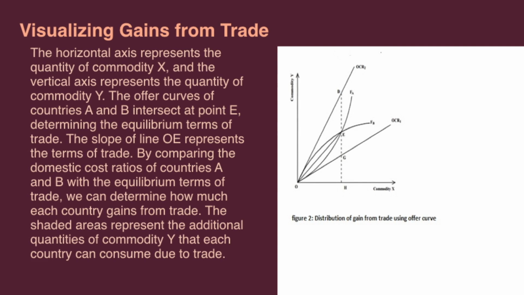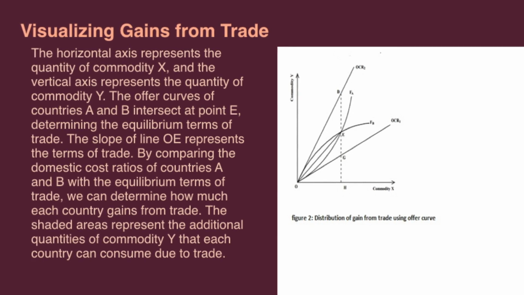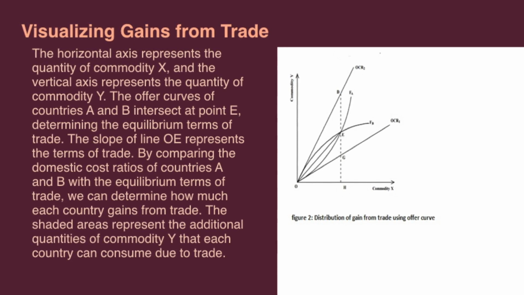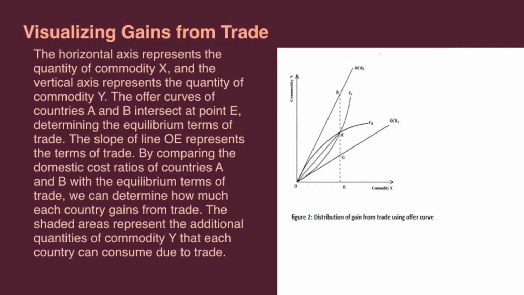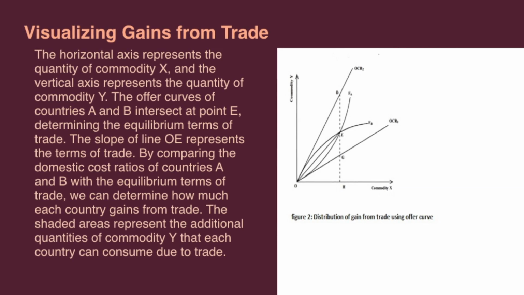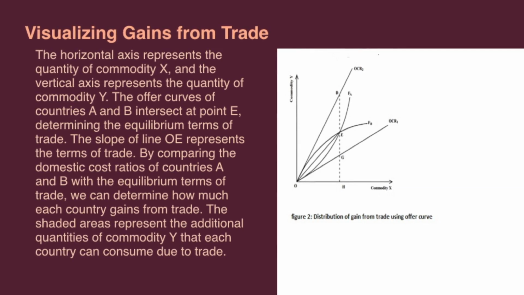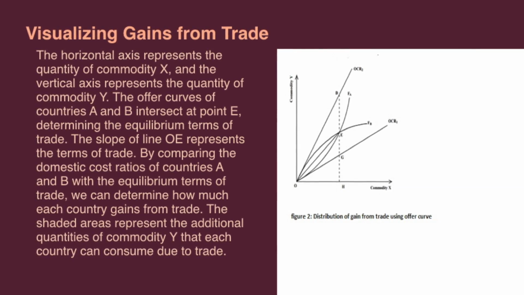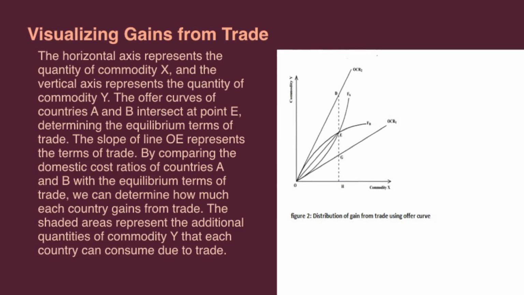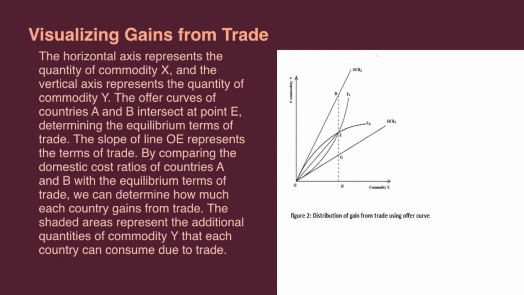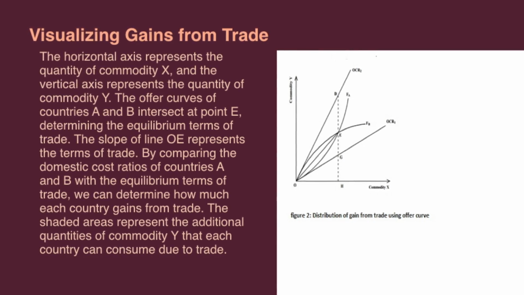Now, as shown in figure 2, the offer curves OFA and OFB intersect each other at point E. As I have already explained, the point of equilibrium is the point where the two offer curves intersect each other. So the equilibrium terms of trade is the slope of the line OE in figure 2.